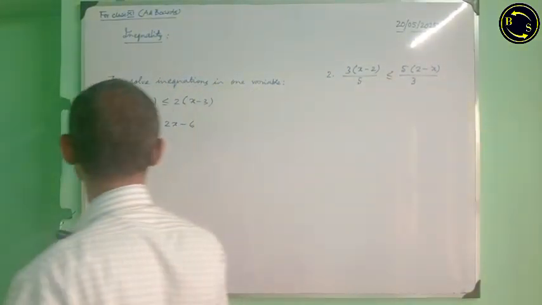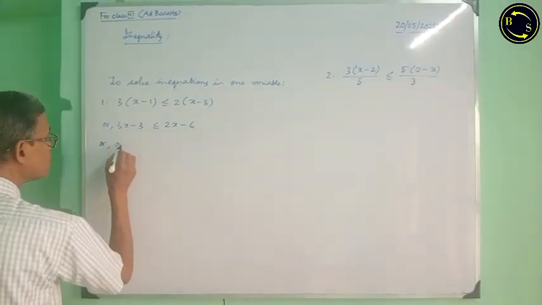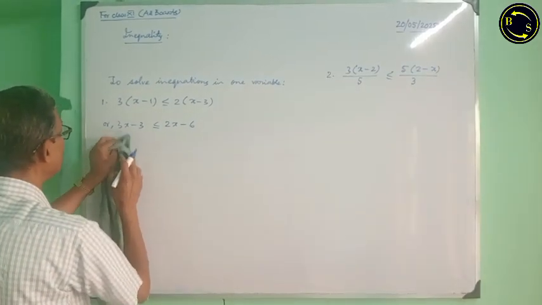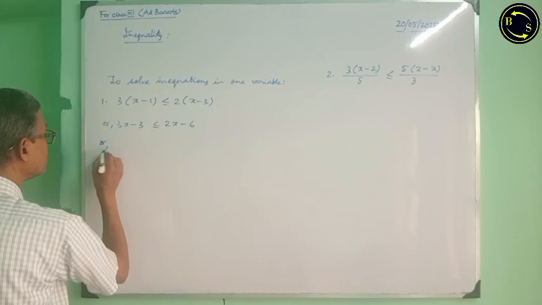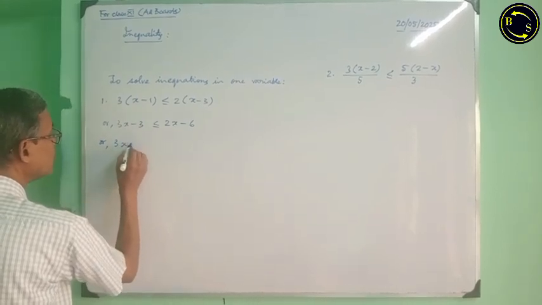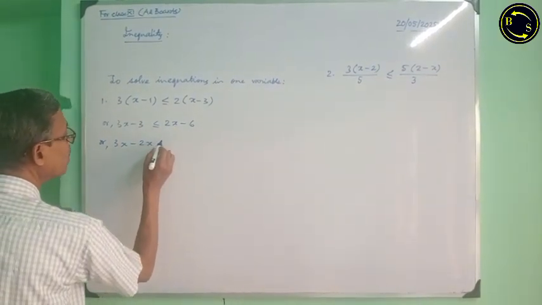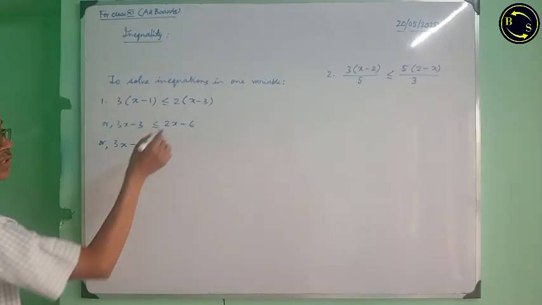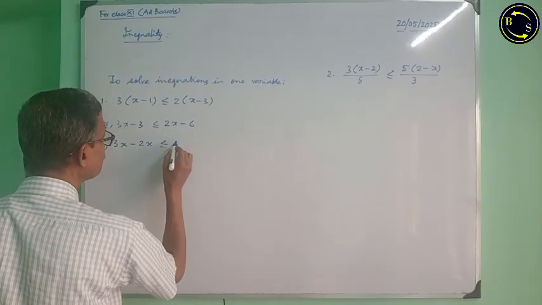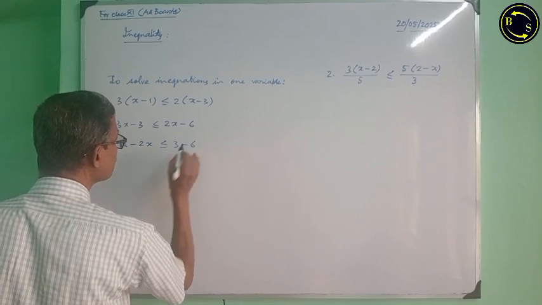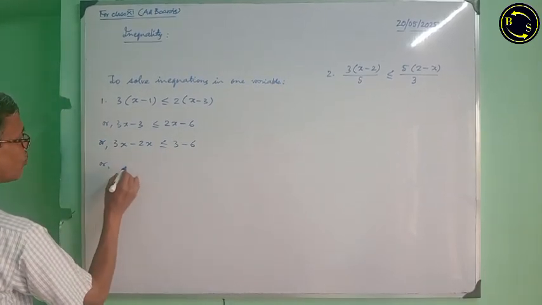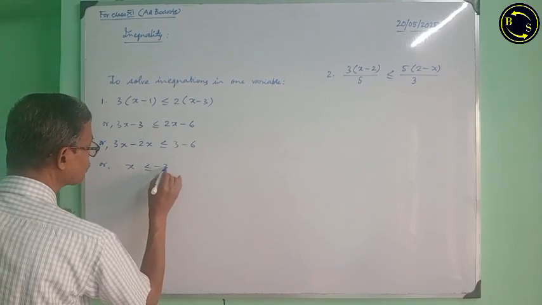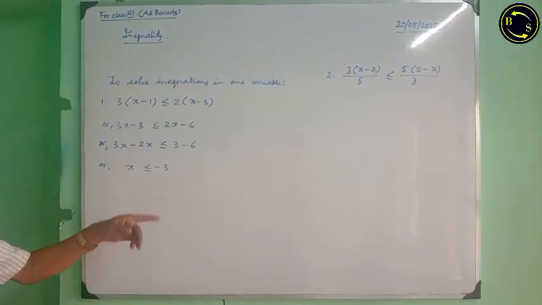That is why, by transposition, I take 2x on the left side: 3x minus 2x is less than or equal to, minus 3 is transferred to the right, therefore 3 minus 6, or x is less than or equal to minus 3. This is the solution.